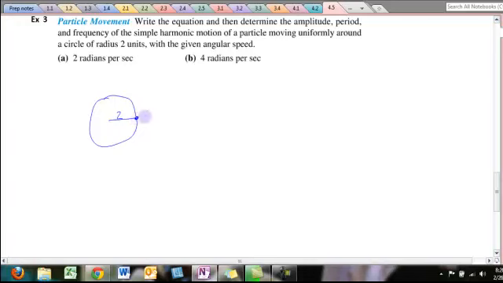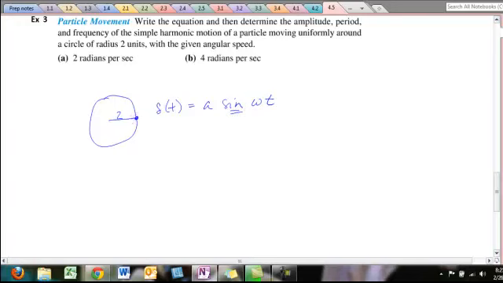So if I'm starting at 0 in this position, then I'm going to use the equation for sine. So I'm looking for s(t) equal to a sine of angular speed times t. Sine, because I'm starting at 0.